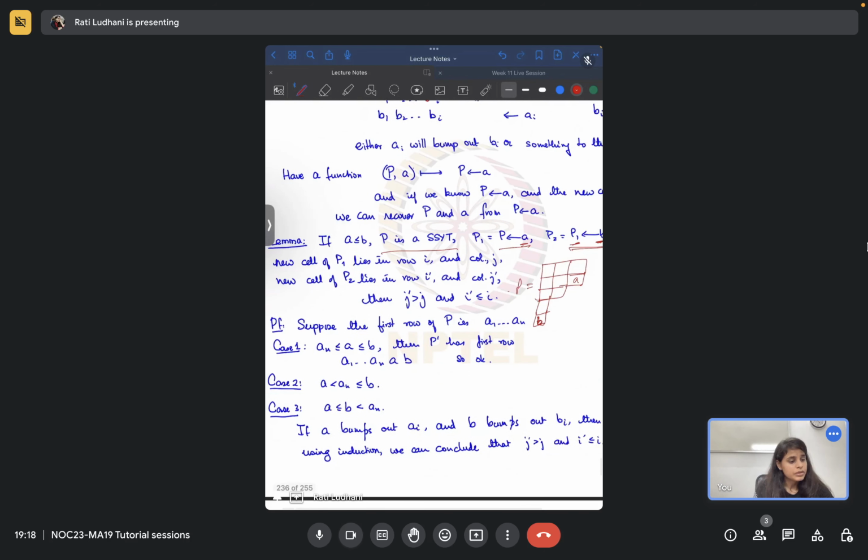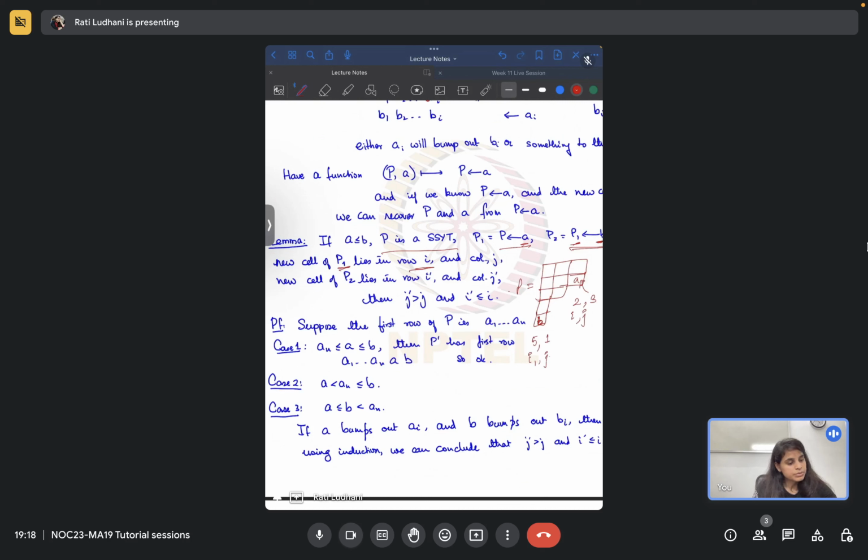Then the new cell of P1 lies in row I, that is the second row, and column J is the third column. P2 lies in row I dash, that is 5, and column J dash is 1.